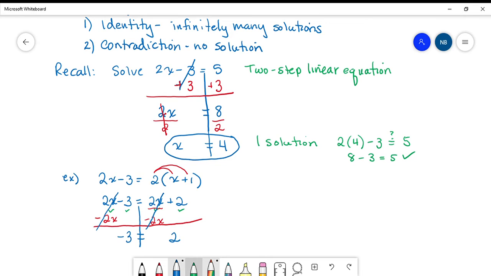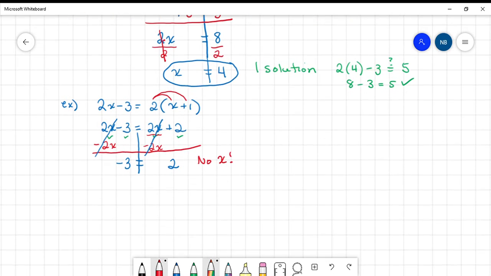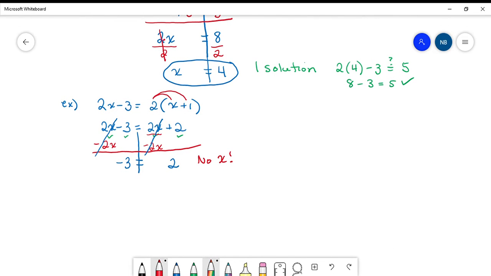There's no x. Let's use red. No x. So the x has disappeared, and what's left behind is an absolutely false statement. Negative 3 does not equal 2. It doesn't matter what x is. Negative 3 equals 2 is a contradiction.